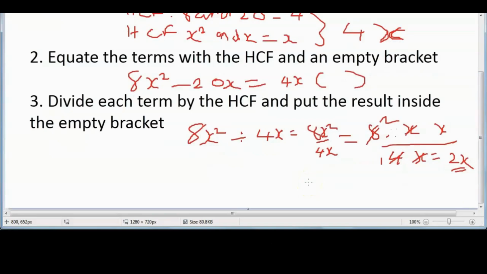Let's go to the second term, which is minus 20x divided by the HCF. So this can be written as minus 20x all over 4x.